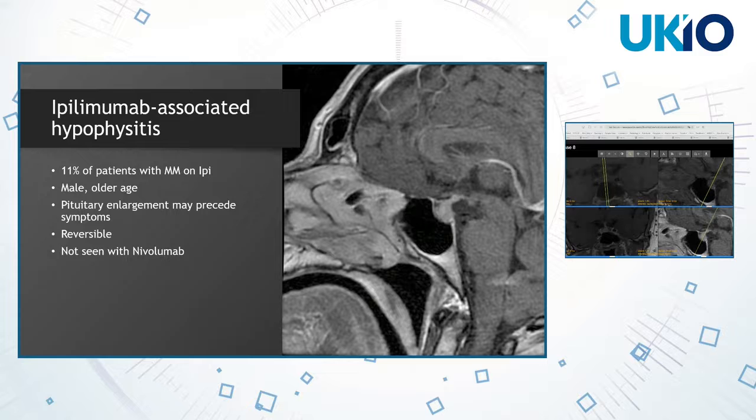And of course, temporary replacement of any hormones in the pituitary axis. But the typical appearance is this pituitary and infundibular enlargement, and so it's important to remember to look for that. And the imaging changes can actually precede any symptoms or obvious biochemical changes.